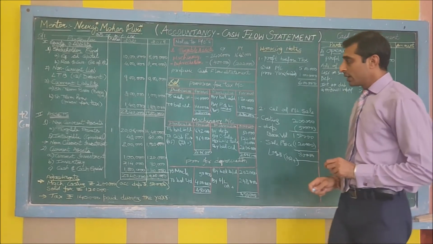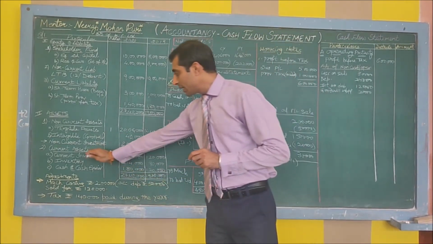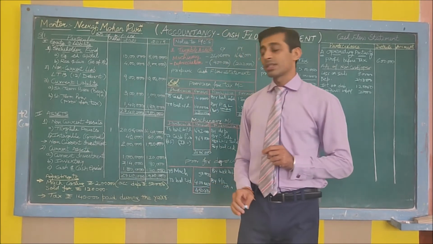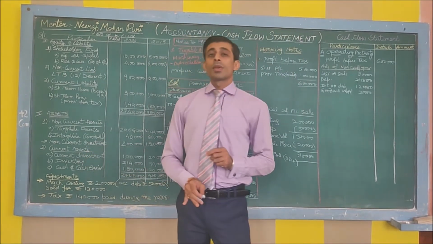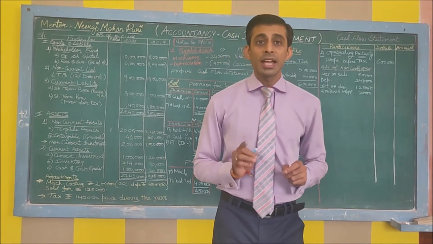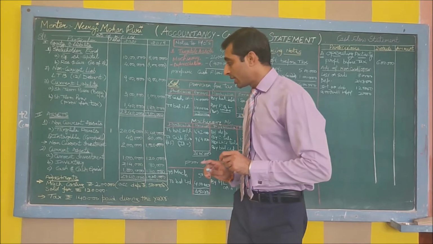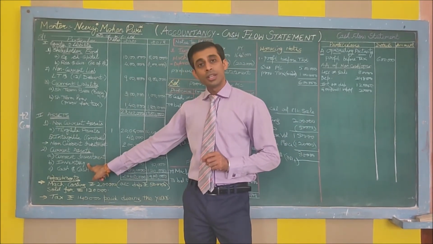This is labeled. Moving on, non-current investments will come in investing activity. Current investments under current assets, current investments or marketable securities, are part and parcel of cash and cash equivalents, so these will also not come in this activity. Next is inventory.